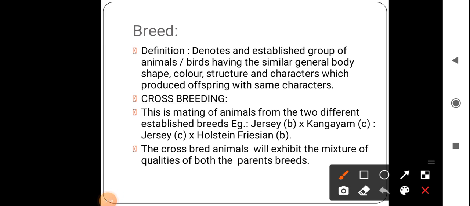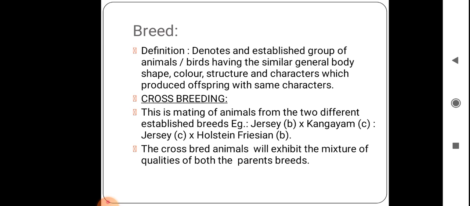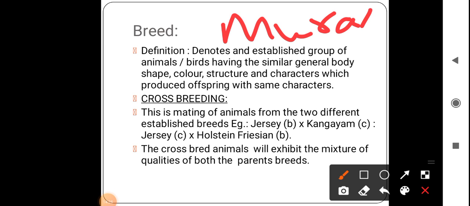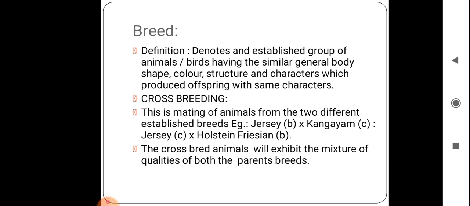Now coming to the general definition of breed. Breed denotes an established group of animals, birds having similar general body shape, color, structure, and characteristics, which produces offspring with the same characters. So Murrah breed means the Murrah buffaloes will be the same.